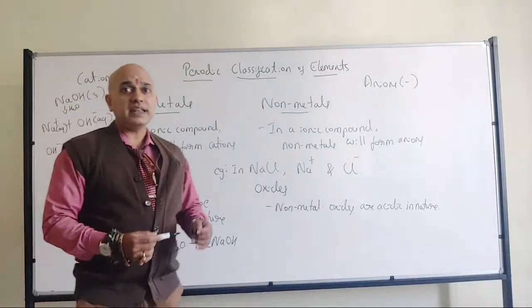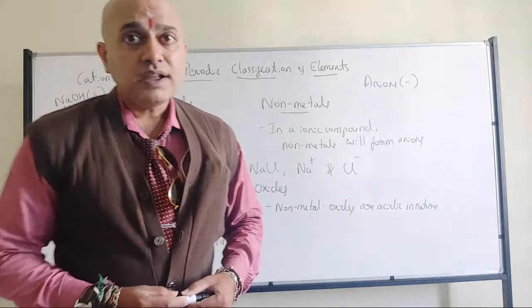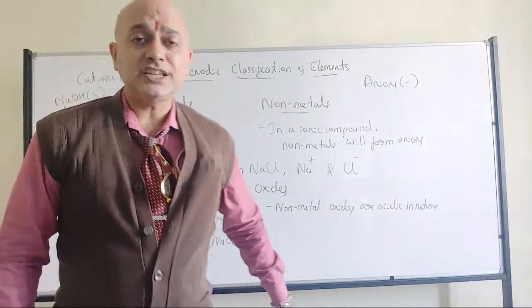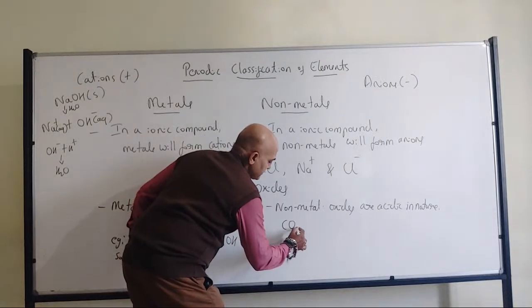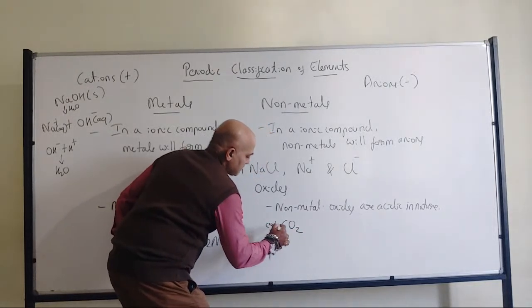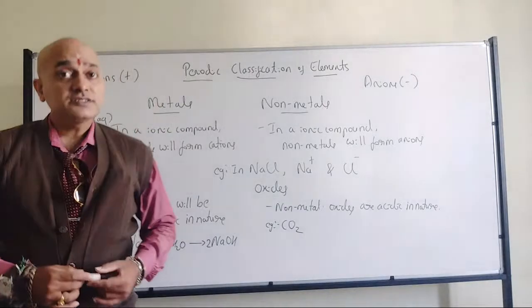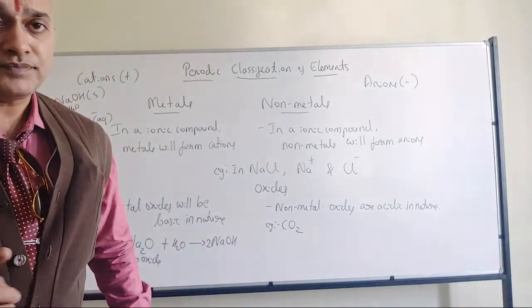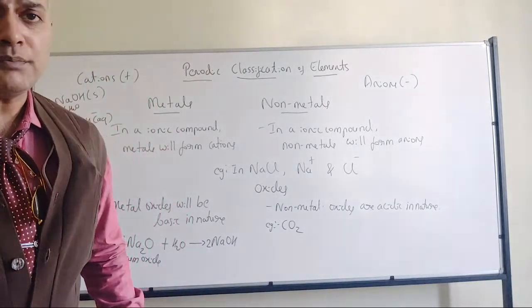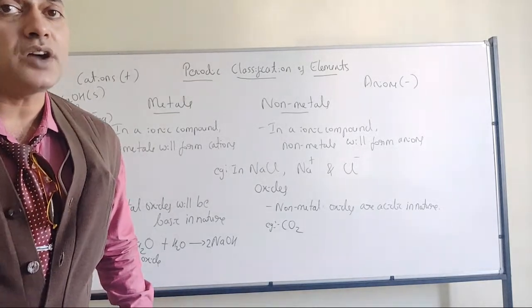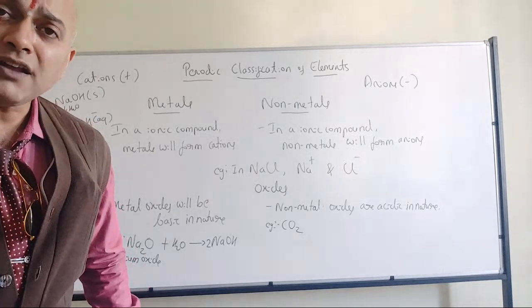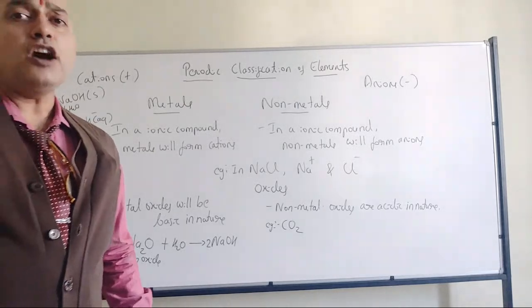A very simple example I will tell you, especially for biology students, it will help you out. We have carbon dioxide. Carbon is a non-metal. It may not be a strong non-metal, may not be a strong electronegative element like the halogens, but still carbon will be considered a non-metal.